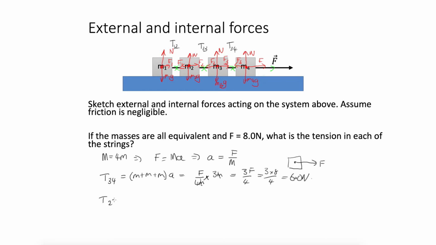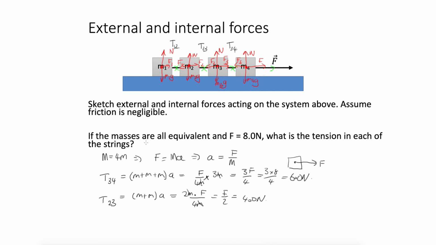Now T23 is the force which is responsible for pulling forwards mass 1 and mass 2. So this is going to be m plus m times a, and we can do a similar thing here. We know that the acceleration is F over capital M, which is 4m. So we've got 2m times a, which is F over 4m, which is equal to F over 2, which is equal to 4 newtons.